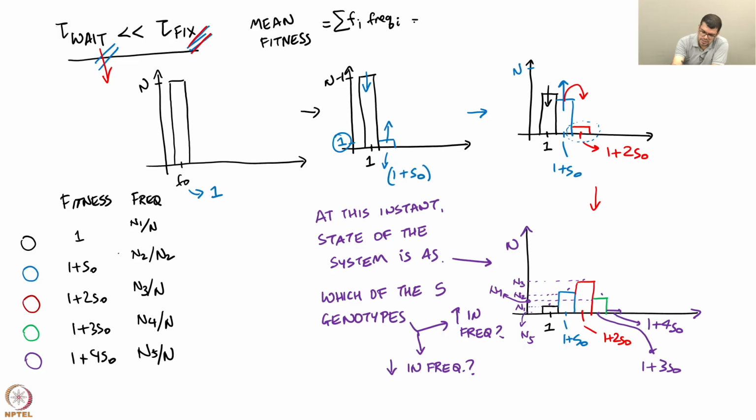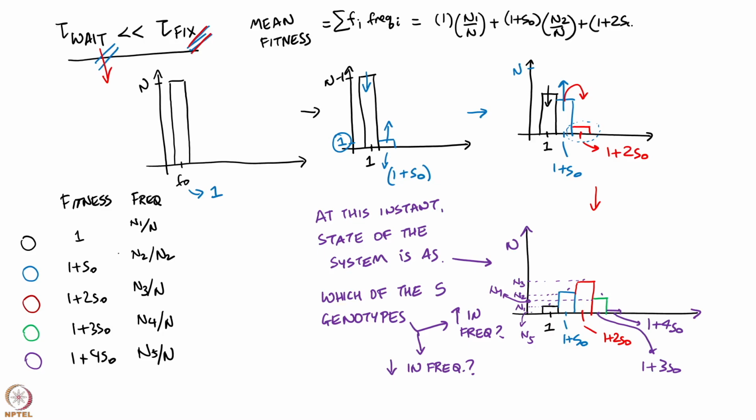So, in this case, the first genotype's fitness is 1, I multiply that with its frequency, so N1 upon N, plus the second genotype's fitness, 1 plus S naught, multiplied with N2 by N, and so on and so forth.